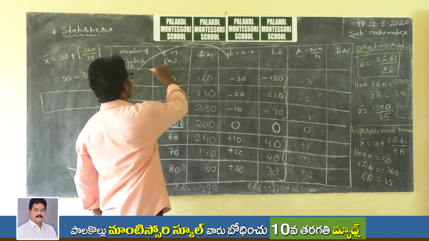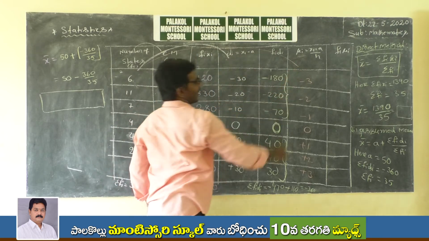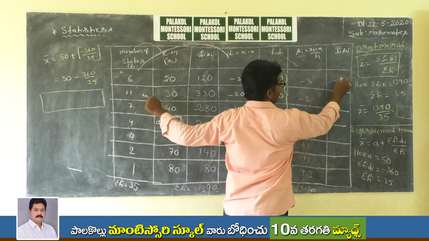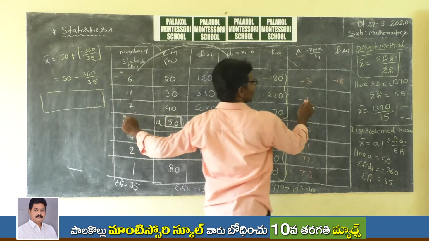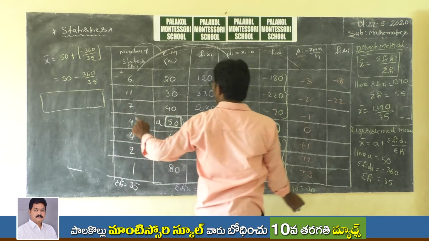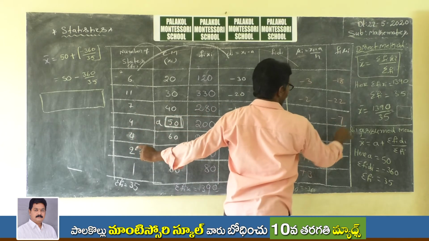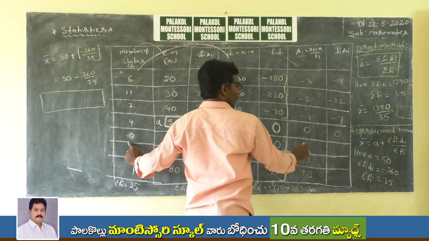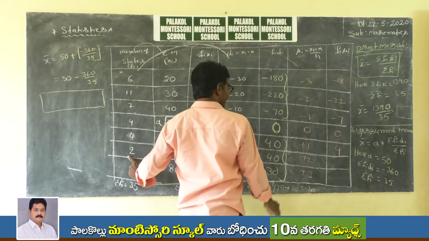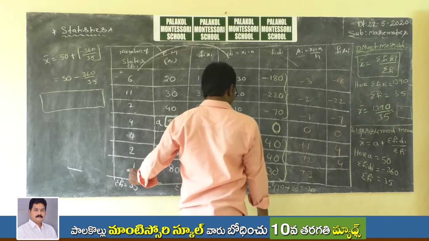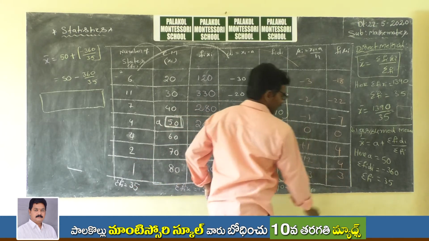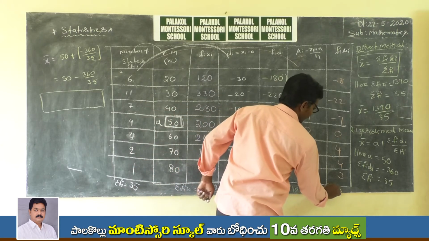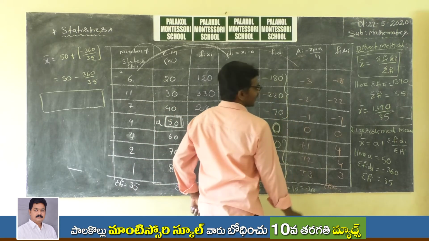Now do the multiplication of f_i and u_i. How? 6 into minus 3, minus 18. 11 into minus 2, minus 22. 7 into minus 1, minus 7. 4 into 0, 0. 4 into 1, 4. 2 into 2, 4. 1 into 3, 3. Now you calculate sigma f_i u_i.